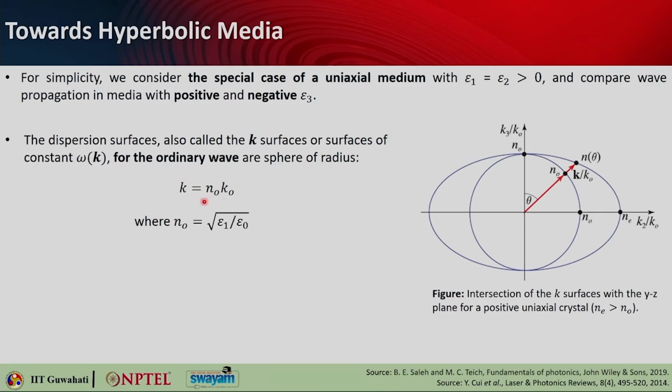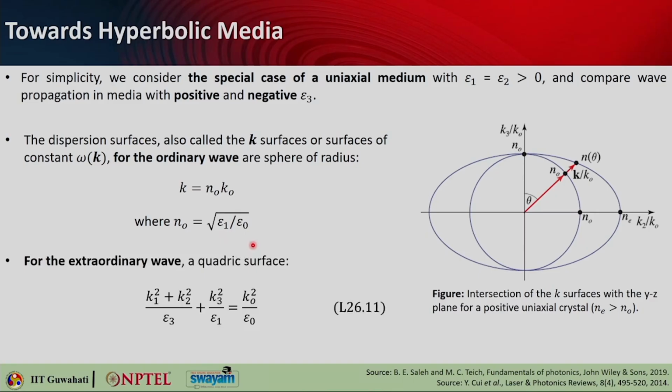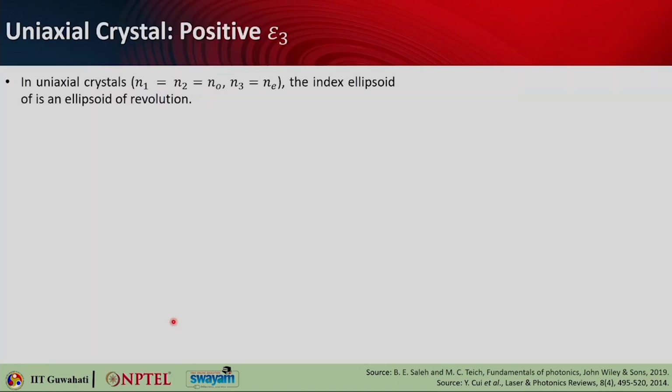So, you have k equals n naught k naught, where n naught is the square root of epsilon 1 over epsilon 0. But the extraordinary wave sees a quadric surface, and that is basically the ellipsoid. You can write this as this particular ellipsoid equation.